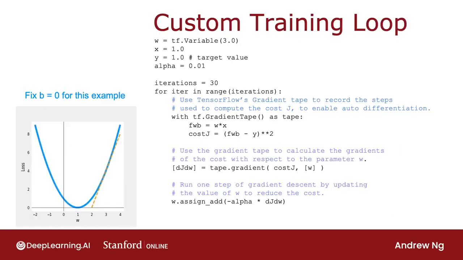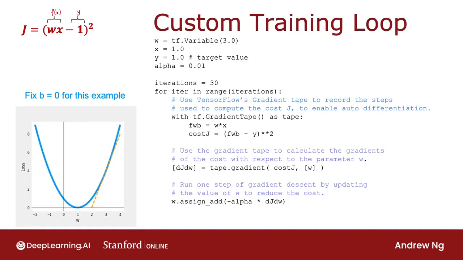Let's see how. I'm going to use a very simple cost function, j equals (wx minus 1) squared. So wx is our simplified f_w of x, and y is equal to 1.